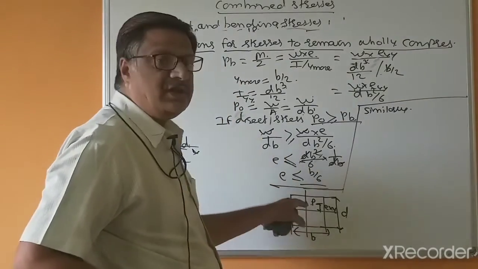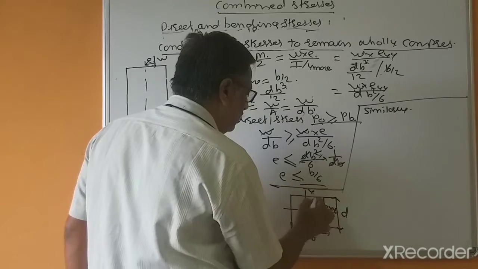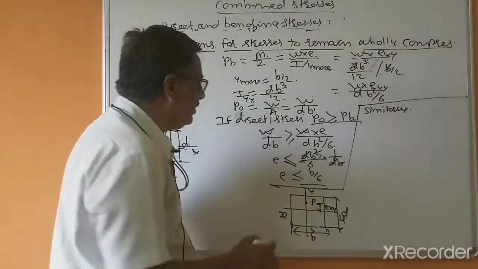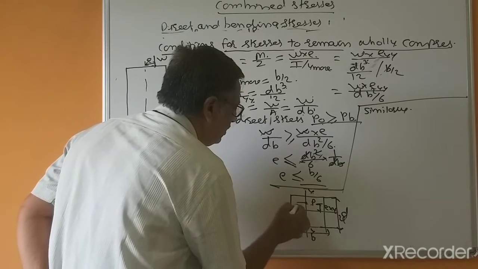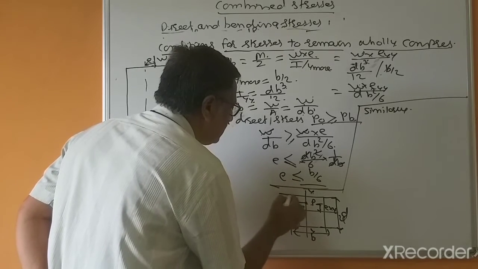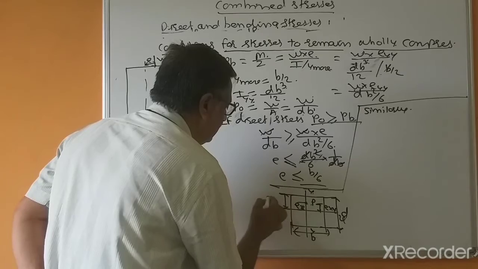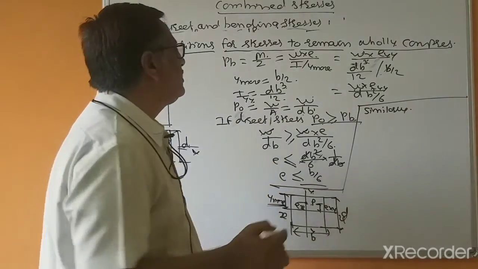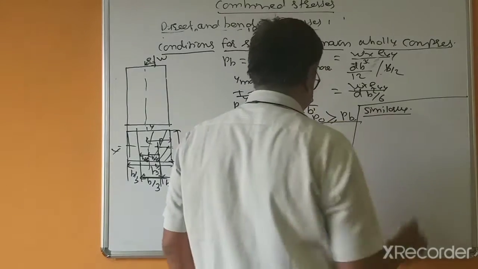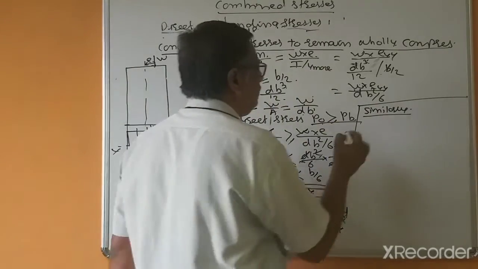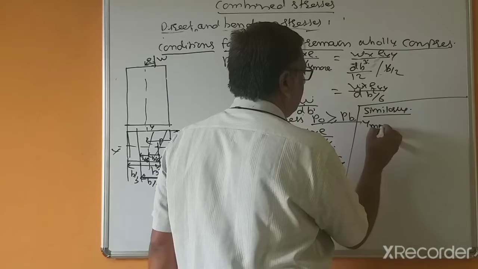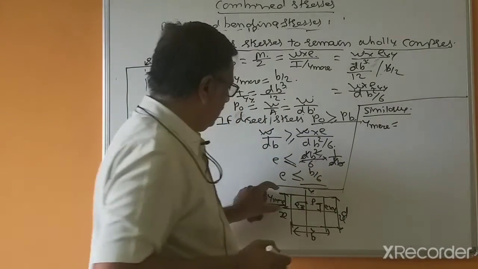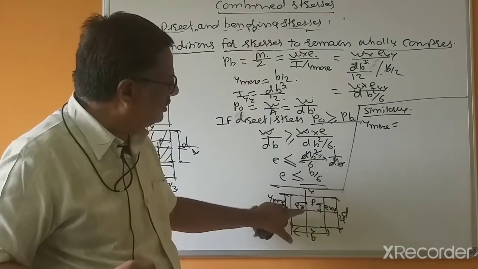Try to understand: when the load is on the y axis, this is the load point, and this is XX. So that's why this distance is the EX and this is the Y max. So in this case, Y max equals D divided by 2, because this is the extreme distance from the neutral axis.